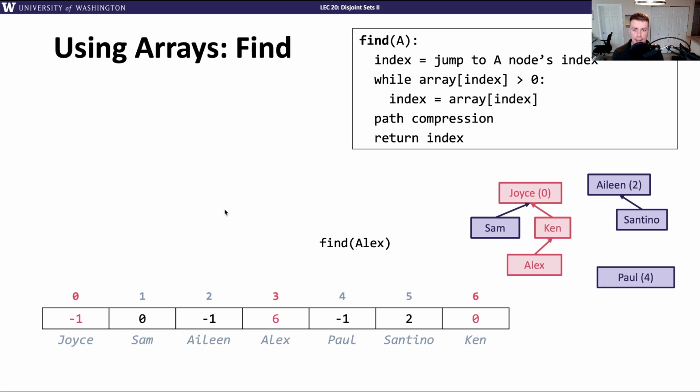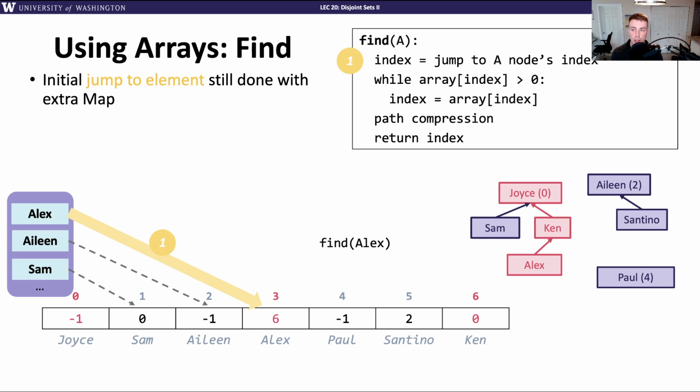So find is the same in theory, but now the details are that we have to jump around this array. We start by jumping to a particular index for a given person. Just like with our uptrees, where we needed an extra map behind the scenes to track which node corresponds to Alex, here we need to know which index Alex is at.